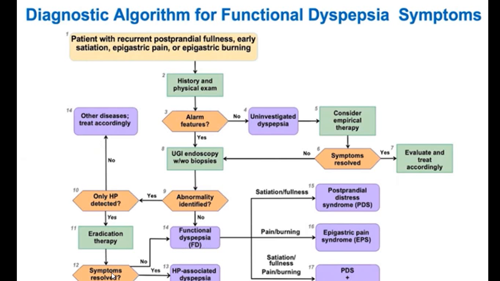If there is no response, go for functional dyspepsia. If it is H. pylori associated dyspepsia, then you will have to rule out 3 conditions: postprandial distress syndrome, epigastric pain syndrome, and the overlap where there is a combination of the two. And upper GI endoscopy will help to rule out what we call organic causes.